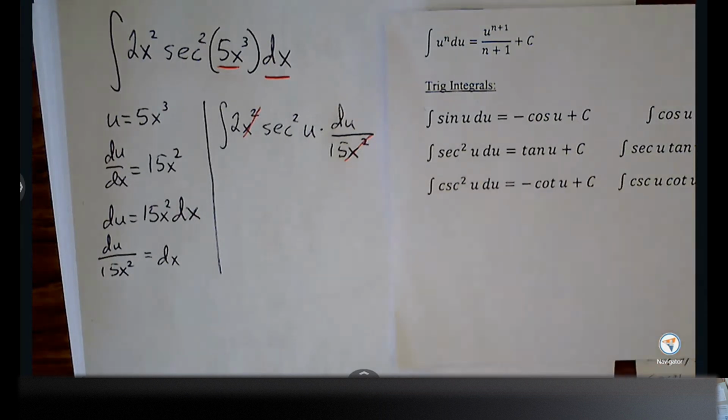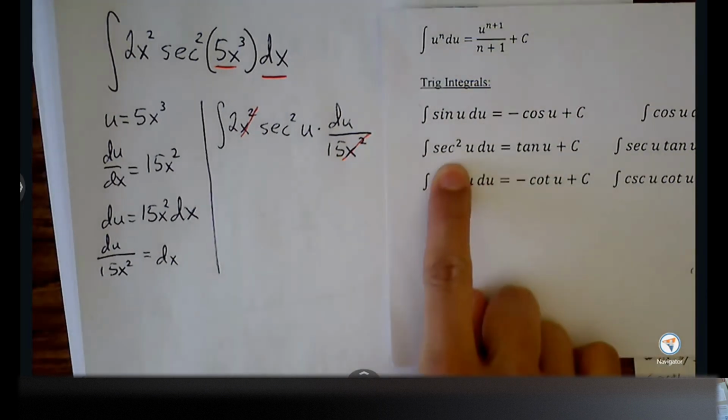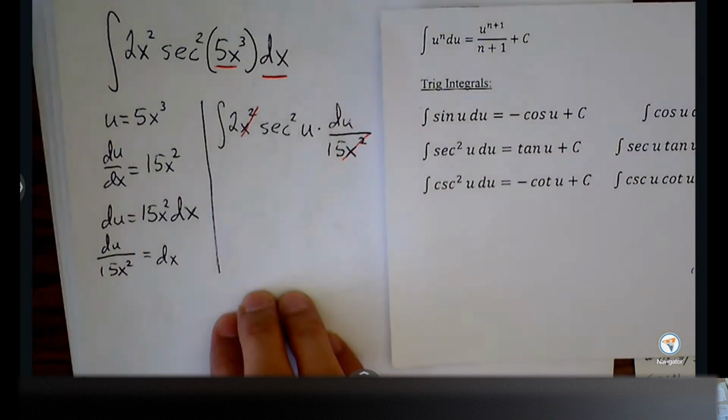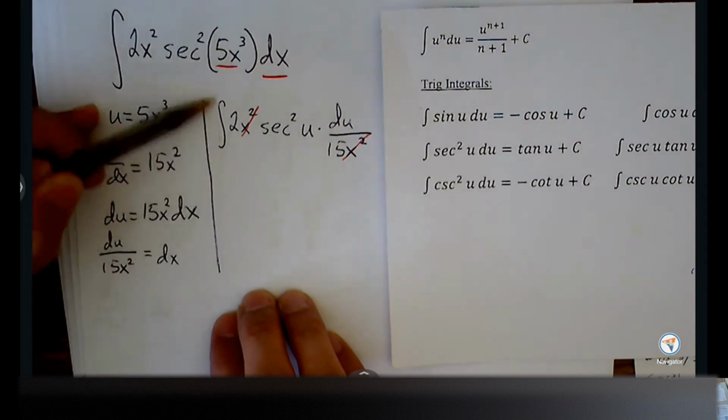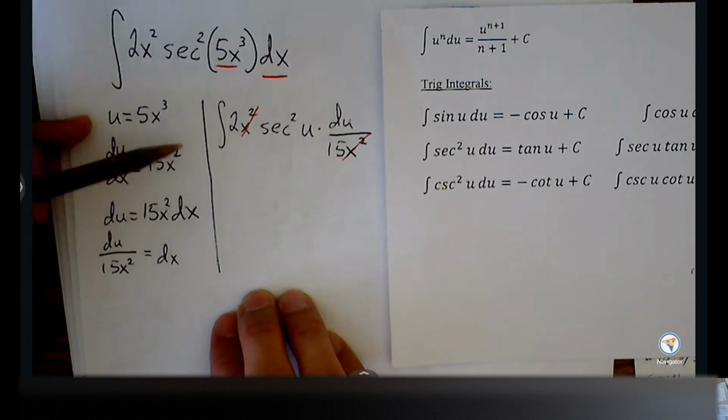Can I just push all the things out in front that's not part of this coefficient? So what's my coefficient? What number can I put in front?